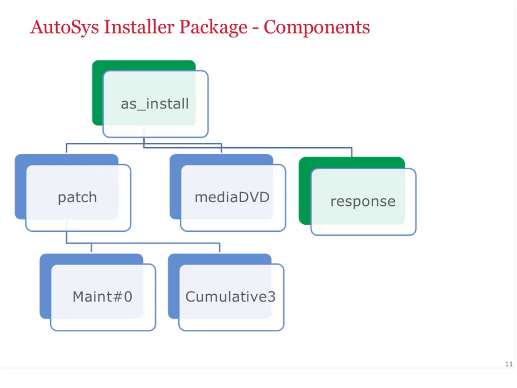And then when we get patches, maintenance 0, cumulative 1 through 3, jobs running twice patch, those go right into the patch directory, unchanged. So nothing in the blue has changed at all. It's just formatted, and then the AS install program will pull those in. So when we get a new patch, we just drop it in the patch directory, and the AS install will cycle through the patches.